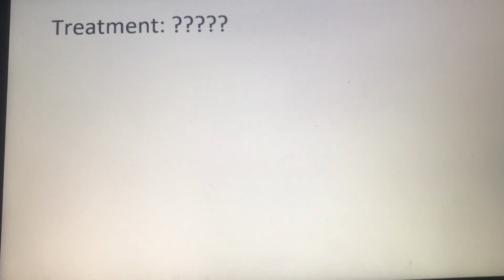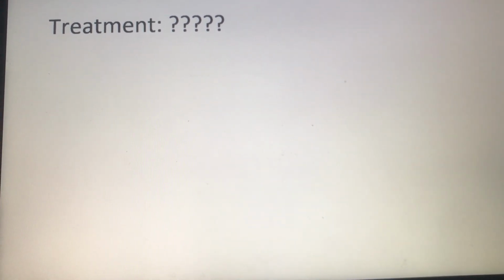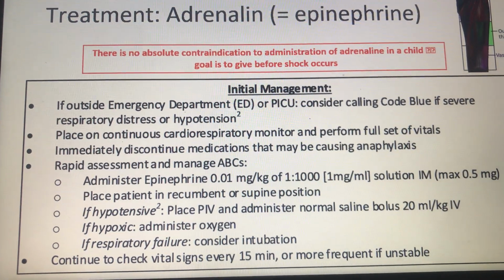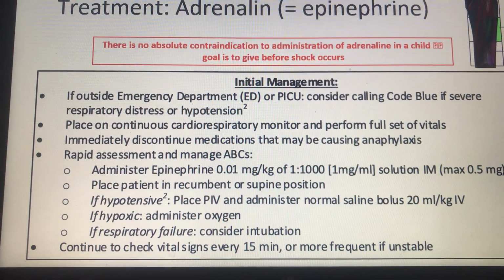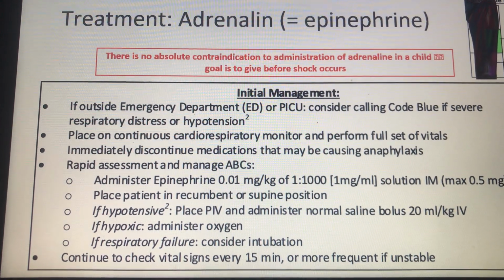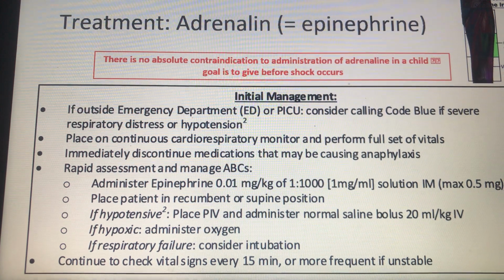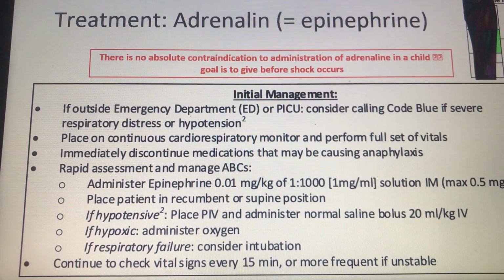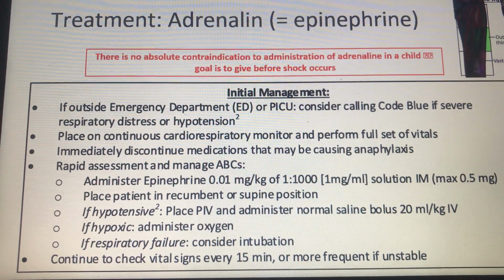So how do you treat this patient? The gold standard in the treatment of anaphylaxis is adrenaline or epinephrine. There is no absolute contraindication to administering adrenaline in a child. So remember, if you suspect anaphylaxis, you give adrenaline.